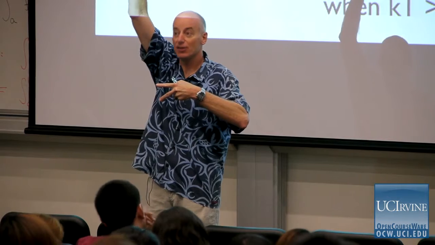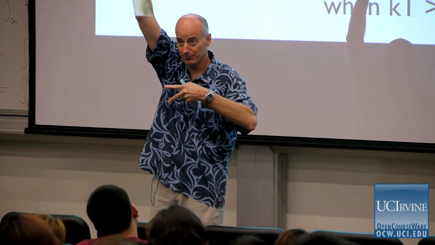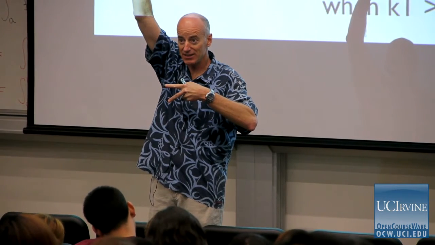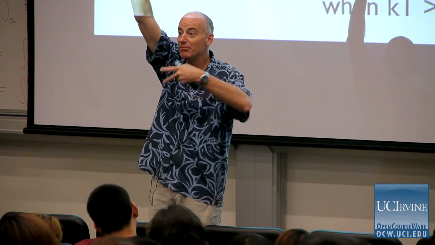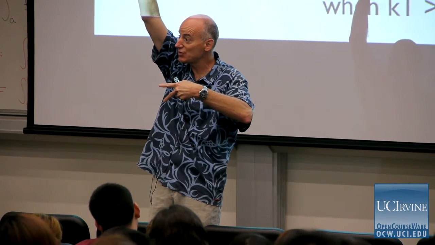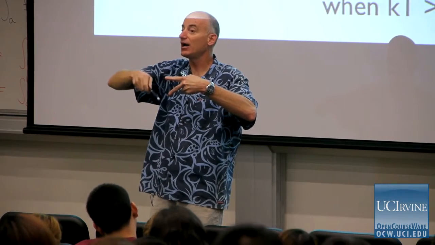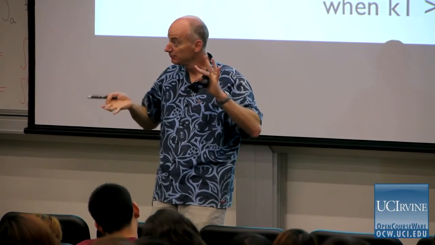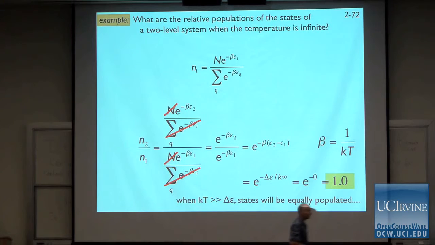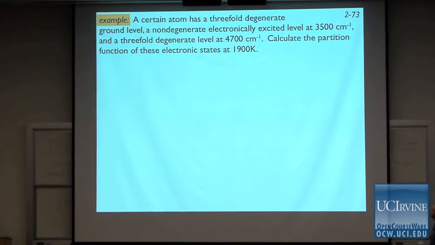If the thermal energy of the system, which is dictated by the temperature, is high compared to the energy difference between these two states, they will be equally occupied. That's an important thing to understand, turns out, in lots of different kinds of physical chemistry that we're going to be getting to later on.